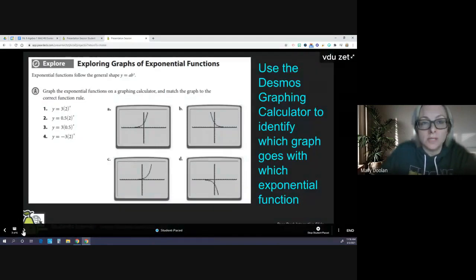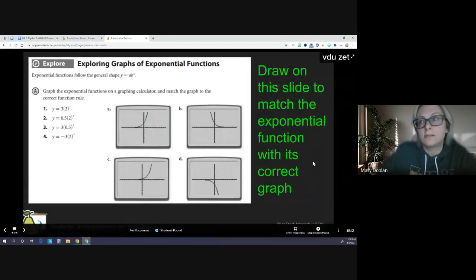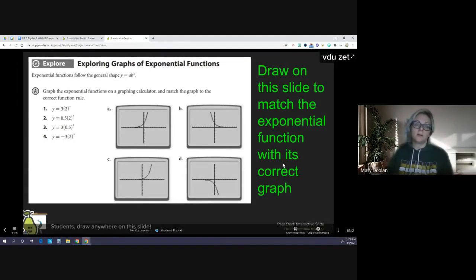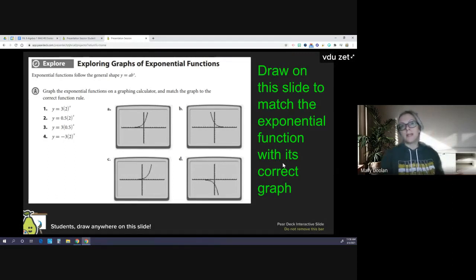As soon as you get them typed in, go to the next slide, slide 4, and I want you to draw on this slide now. It's the same matching problem, but now I want you to write what letter goes with what number.